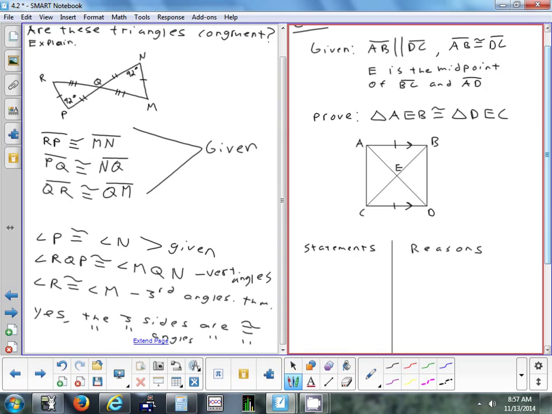We know that AB is parallel to DC. Since something else was given, I'm going to put it in the same step, so I only have to write given once. AB is congruent to DC. Given.